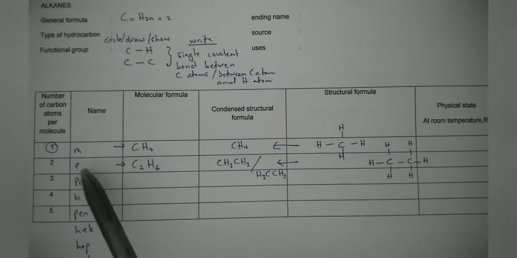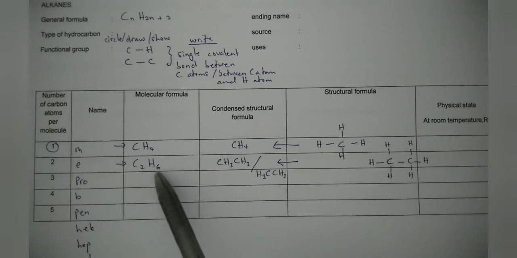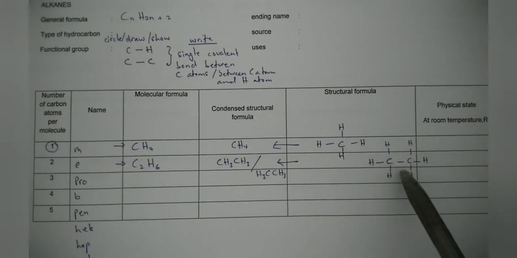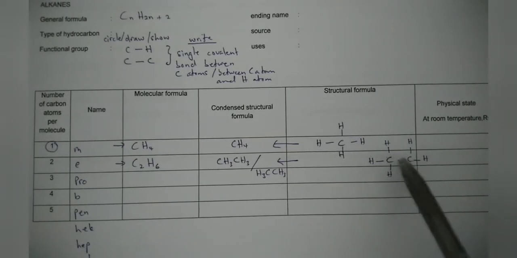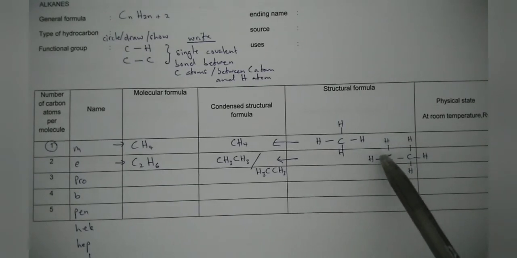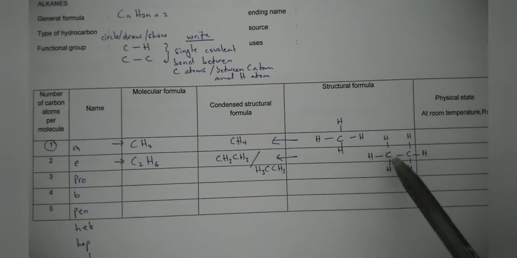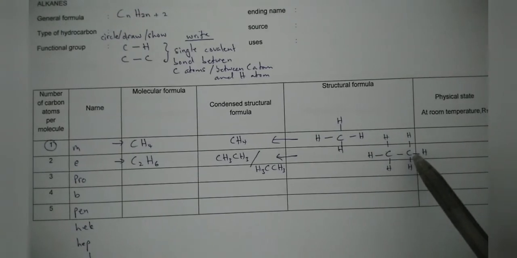We look at the molecule of ethane. The molecular formula is C2H6. To draw the structural formula, of the 2 carbon atoms, 1 pair of electrons is shared between the 2 carbon atoms, and each carbon atom has another 3 valence electrons to be shared with 3 hydrogen atoms. So one carbon atom shares 4 pairs of electrons with hydrogen atoms and the other carbon atom.